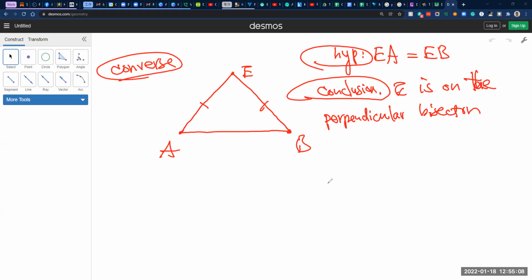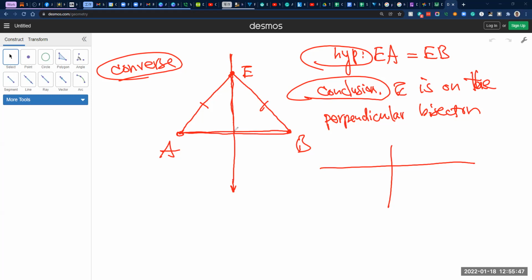So how do we prove that? In order to prove that, we have to draw a line here. From E to AB, we can draw a perpendicular line, and that's what we learned before. We can draw a line perpendicular through this point E to AB.